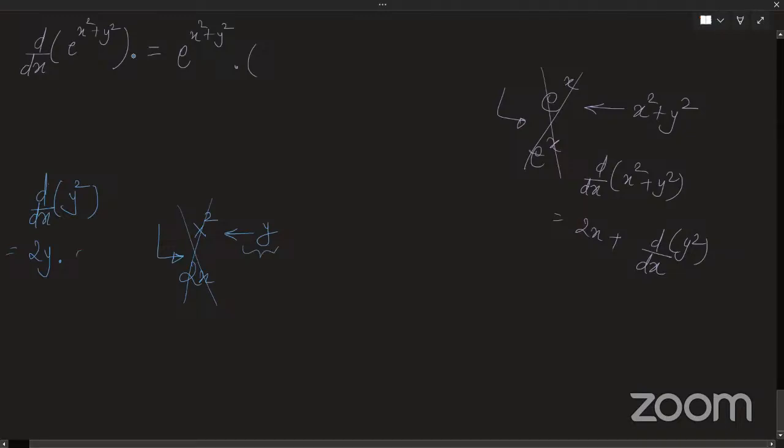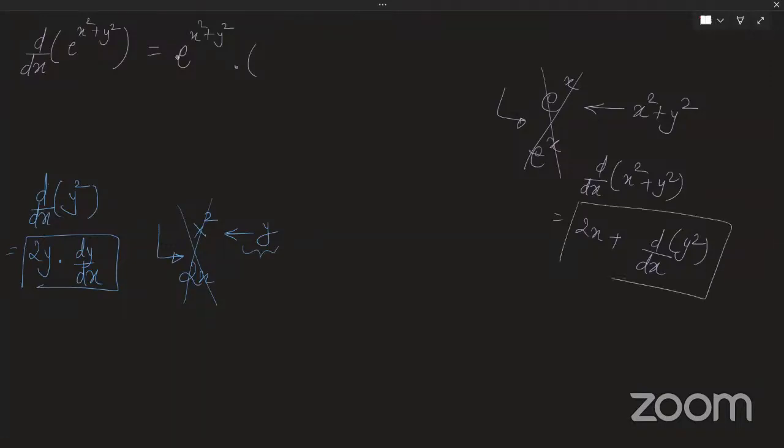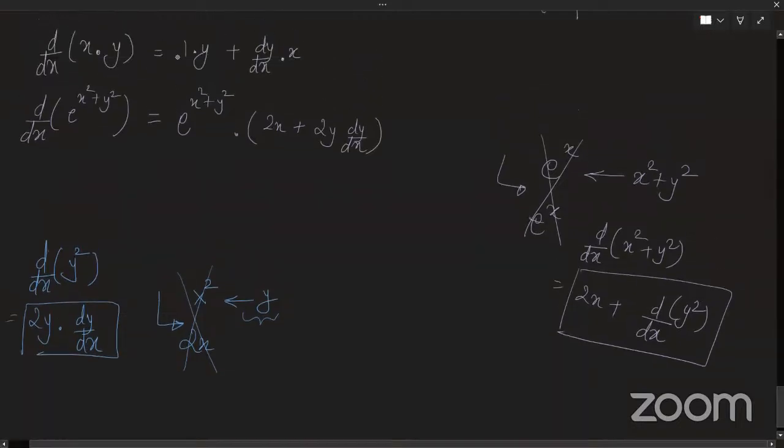It will be dy by dx. So 2x plus the derivative of y square with respect to x, so it is 2y into dy by dx. This is my overall right hand side term.